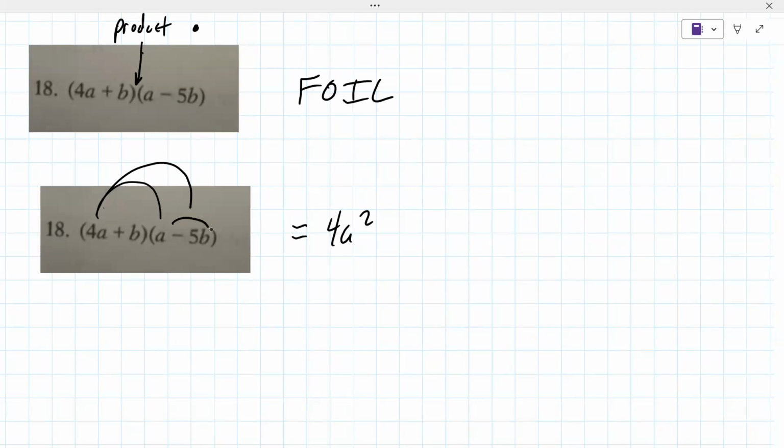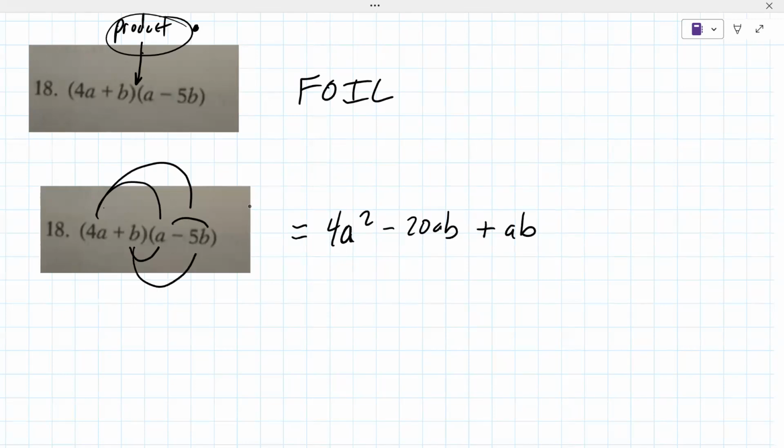You're multiplying, that's why. It's a product here. Negative 20ab. Good. And then you've got b times a. It's a little bit weird, but it becomes positive ab. You just put it in alphabetical order typically.